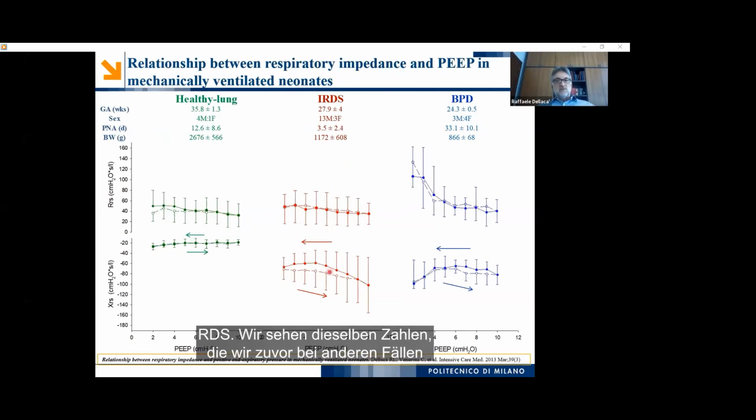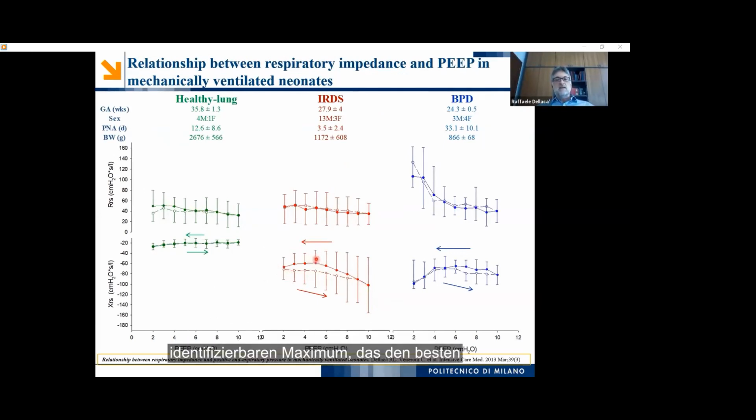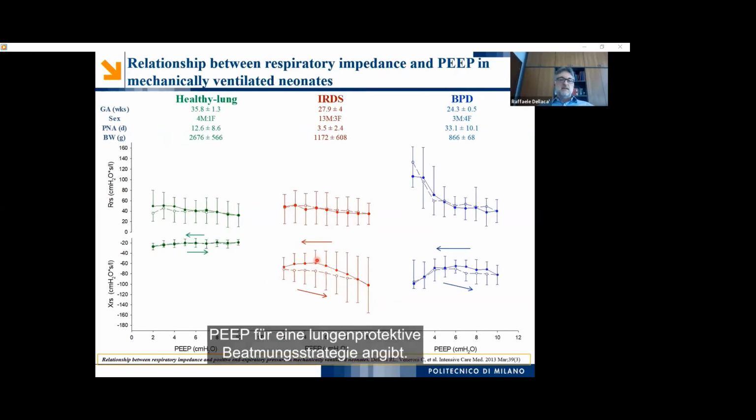In RDS, we see the same figures that we have seen in different cases before, with an increasing limb that is moving lower compared to the decreasing limb, with the maximum that can be identified at the best PEEP for protective ventilation strategy. For BPD, we have totally different behavior.